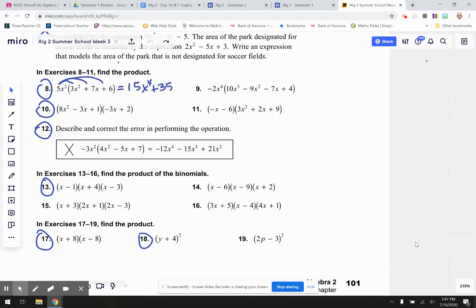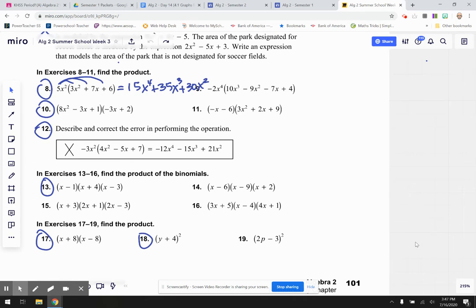And you've got 2 x's and one more x, so you've got 3 x's, x to the 3rd. And then 5 times 6 is 30. And then you've got an x squared, and that's it. So you bring over the x squared. So that's your answer to number 8.